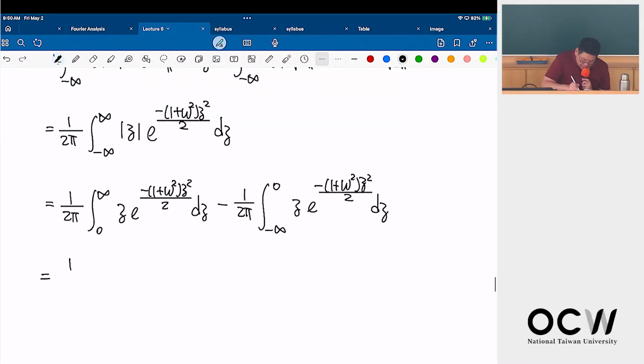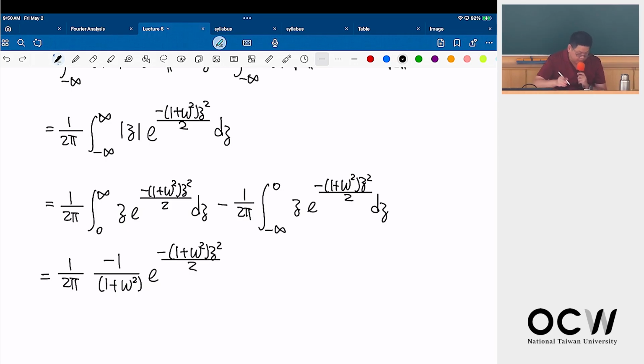Then this is 1 over 2 pi. Here we have minus 1 divided by 1 plus w squared, e to the minus (1 plus w squared) z squared over 2, and then z is from 0 to infinity.